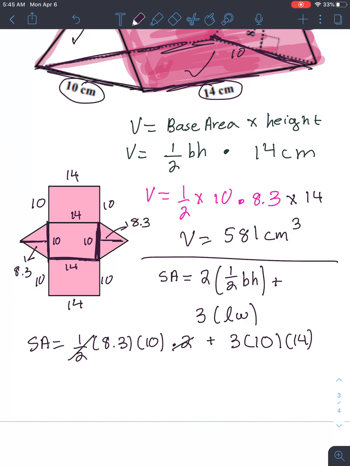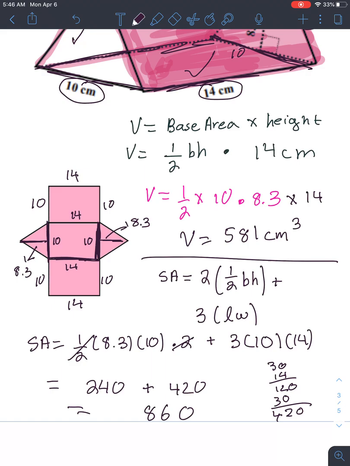Actually, 1/2 times 2, that goes away, and we get 240 plus, we got 30 times 14, 420, and we end up with 860. We didn't really give this units, but we know that whatever the units, it would be squared, so we can just go ahead and say centimeters. Okay?